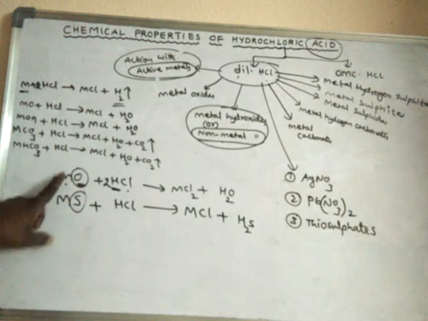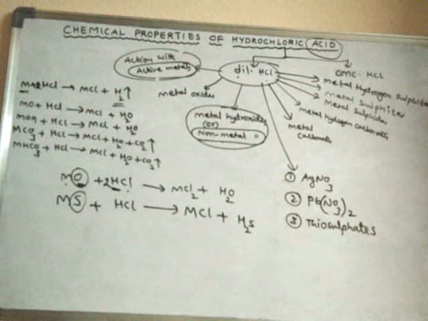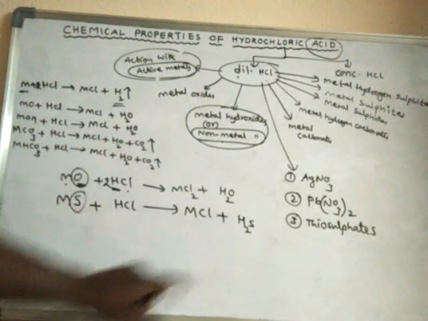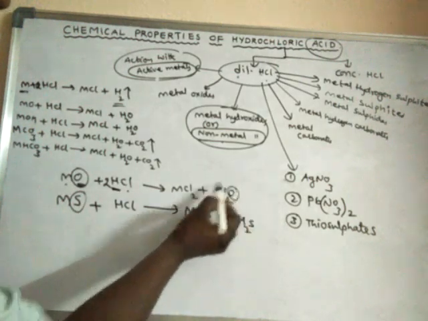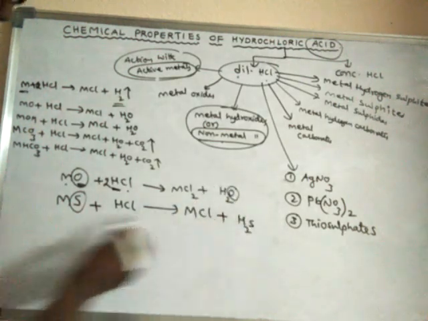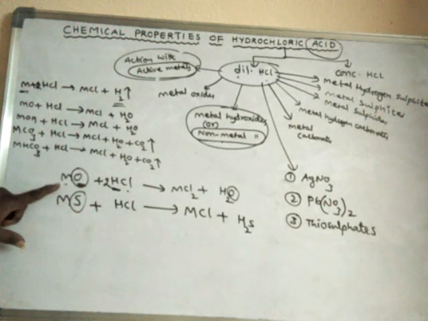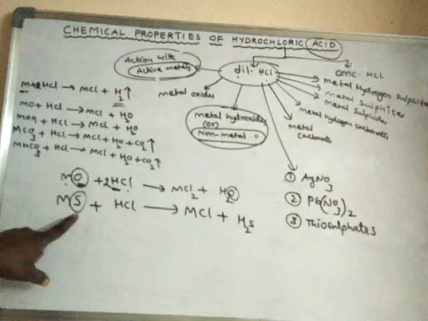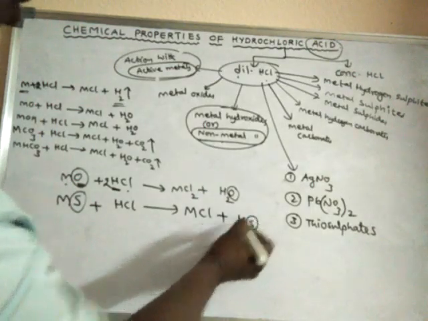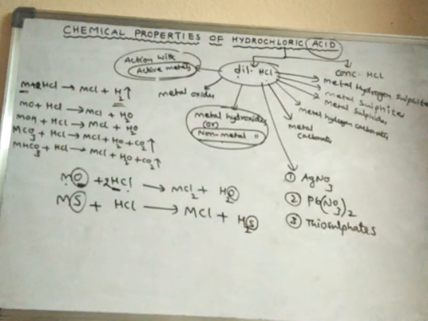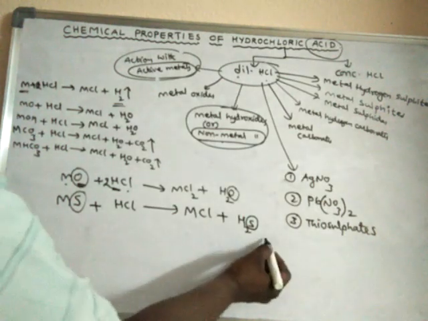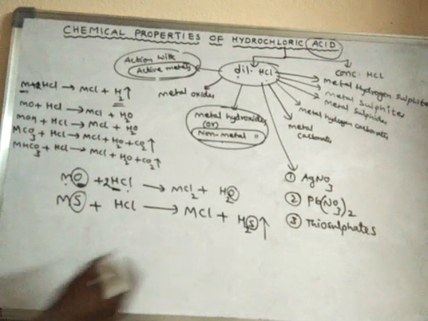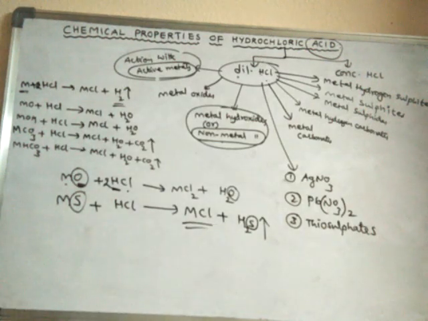The reaction appears similar, but with metal oxide it forms water, while with metal sulfides it forms H2S. Hydrogen sulfide gas is released along with the metal chloride.